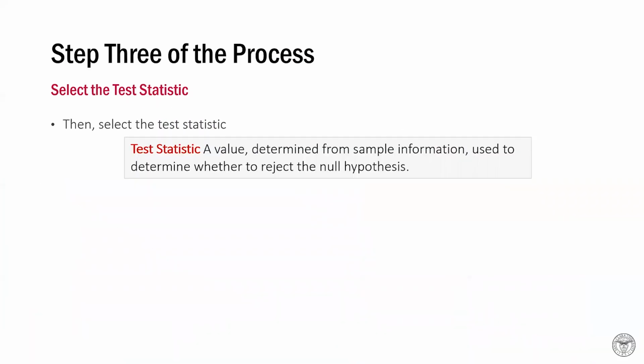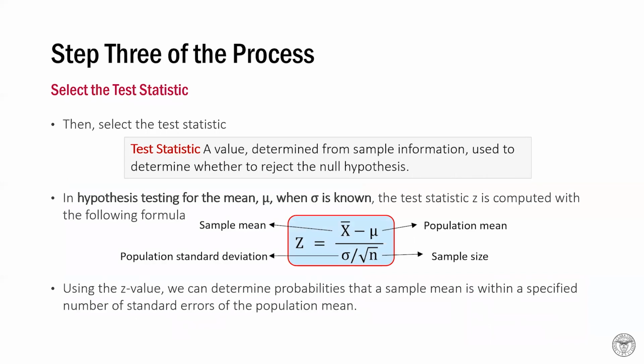The third step is to select the test statistic. Here we use this example of hypothesis testing when the standard deviation is known. In this case, the z-value is used because the central limit theorem says that the sampling distribution of the sample means x bar is normally distributed.